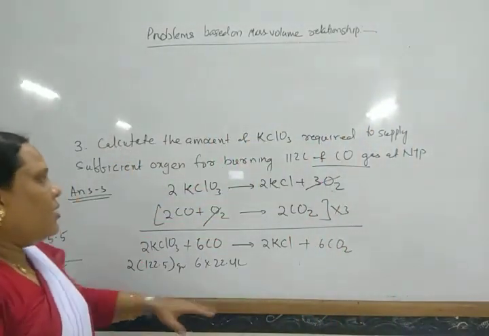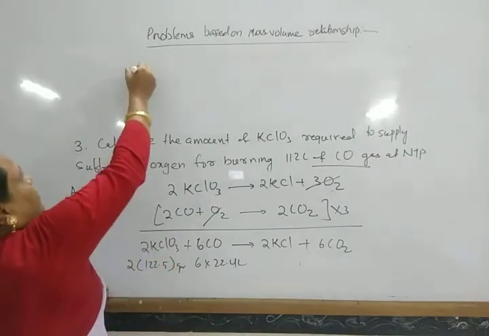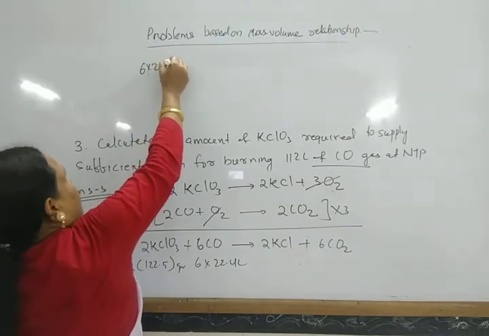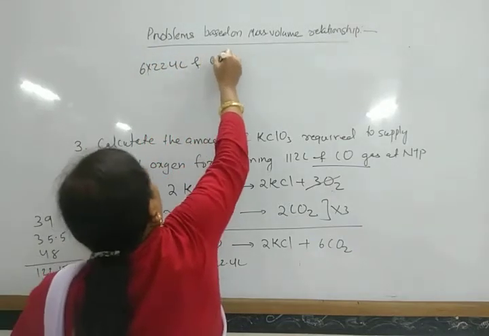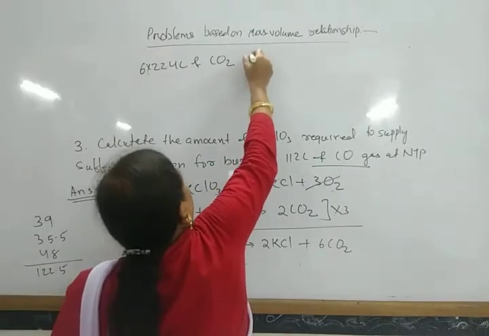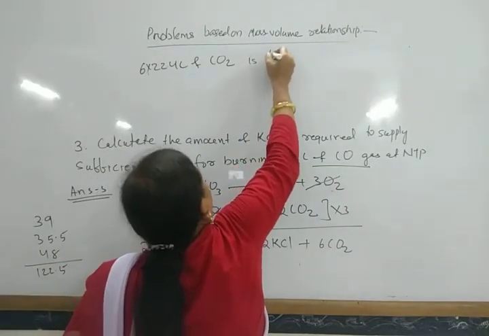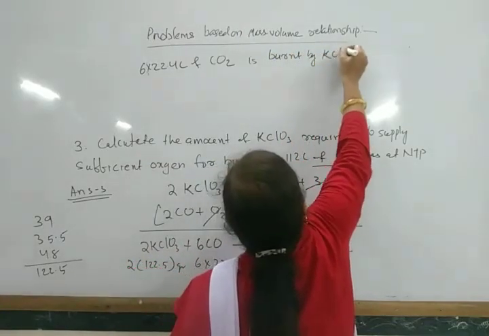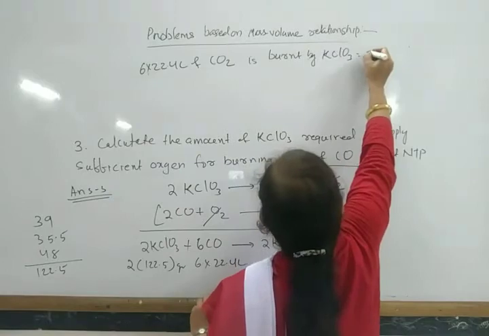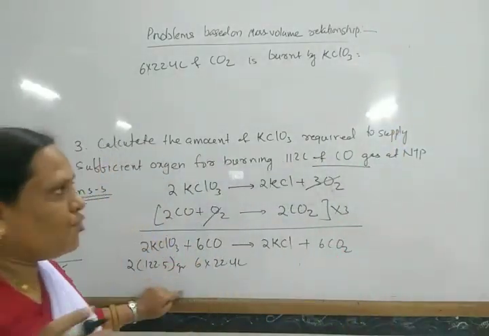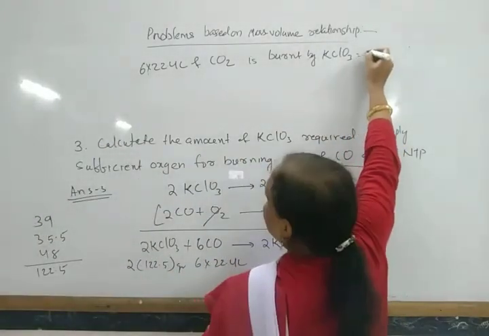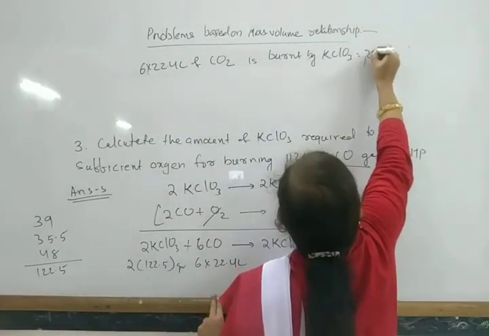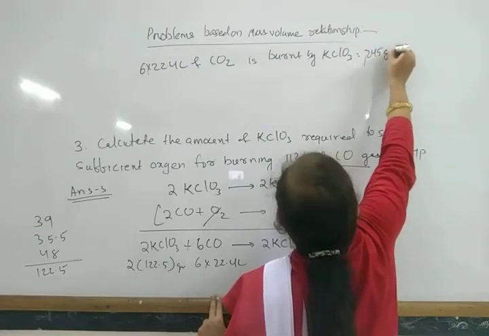So for 6 into 22.4 liter of carbon dioxide burned by potassium chlorate, that is equal to 2 into 122.5, that is equal to 245 gram.